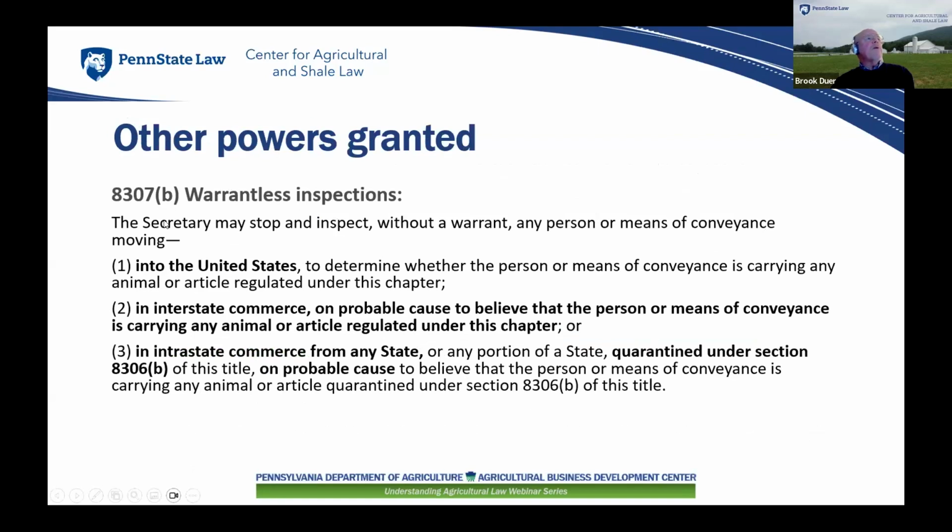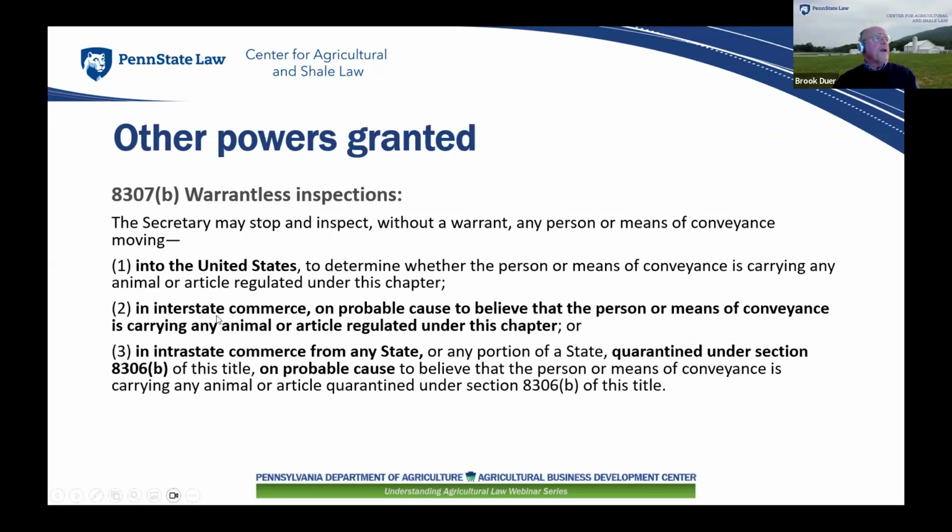All right. Other powers. There's a warrantless inspections power, which, for the most part, I think the industry gets, but when you say warrantless inspection, that's already somewhat of a lightning rod. But certainly that is possessed by USDA-APHIS with regard to animal disease.